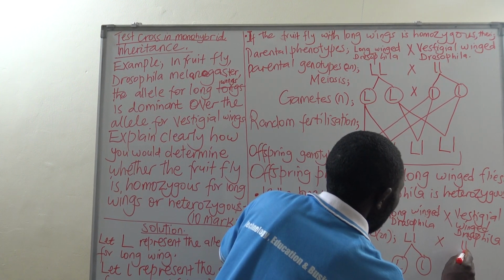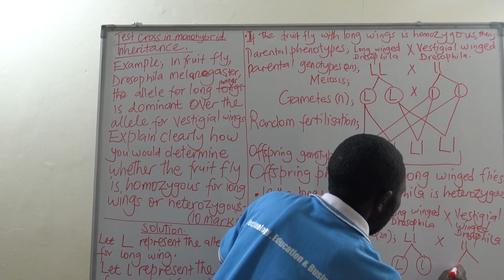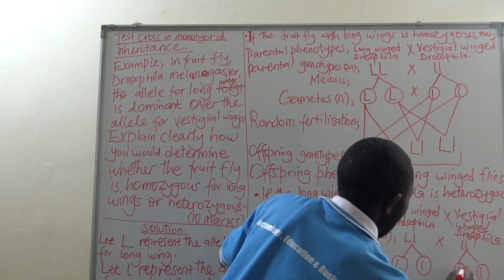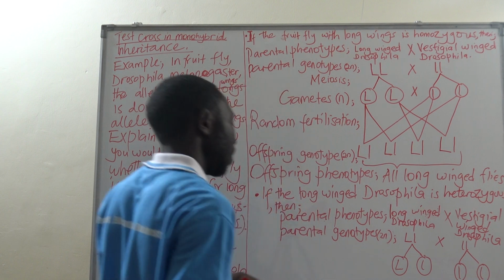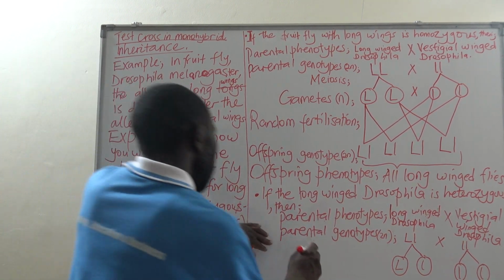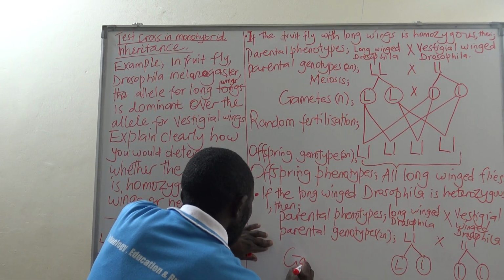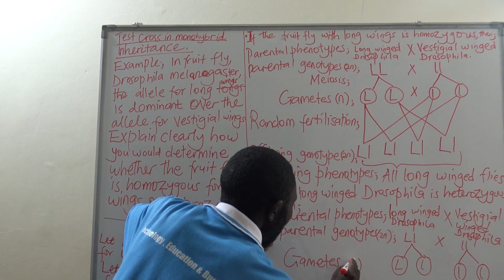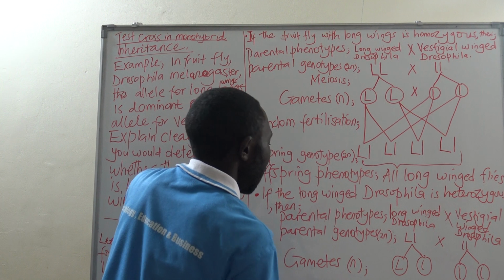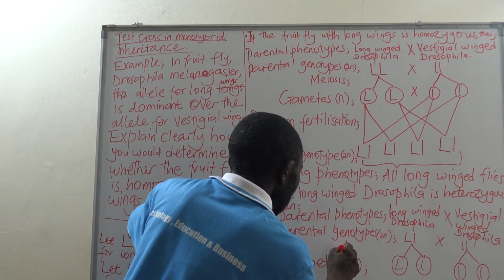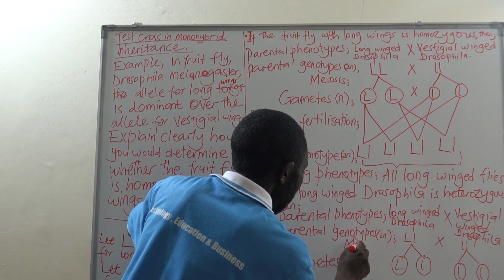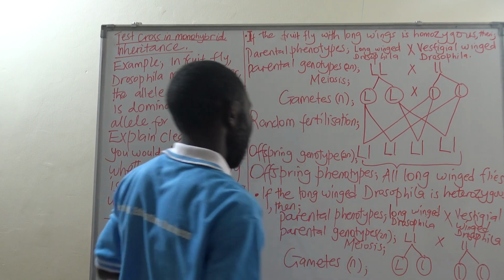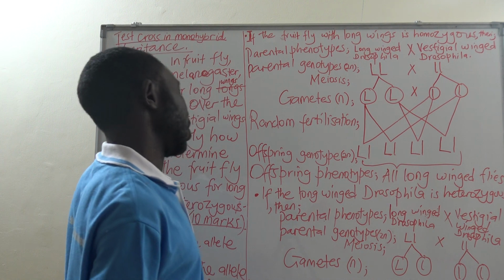Also, this gene here will segregate to form small l and then small l. Those are the alleles upon segregation. These ones are carried in gametes which are haploid in nature, and the segregation, of course, occurs during meiosis. Meiosis occurs and genes segregate.